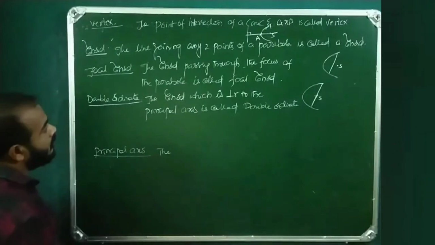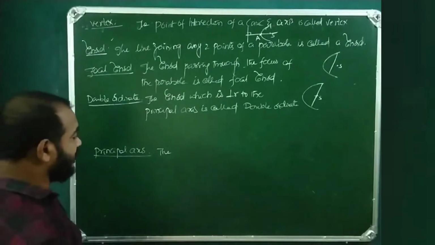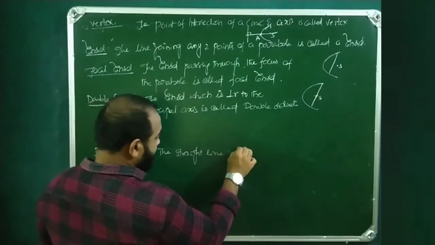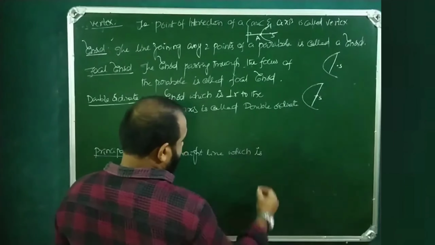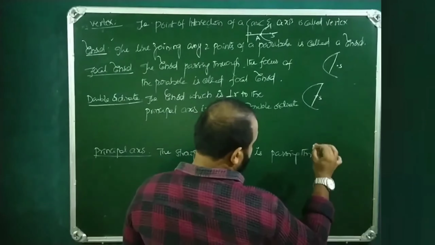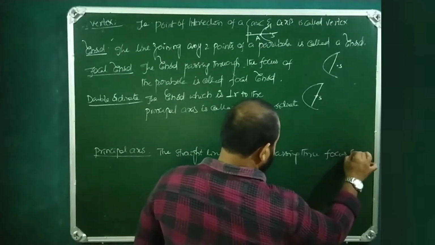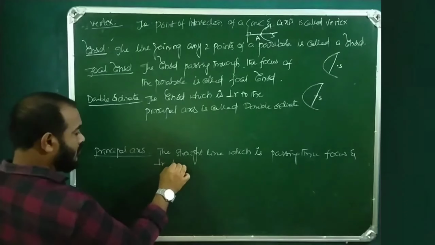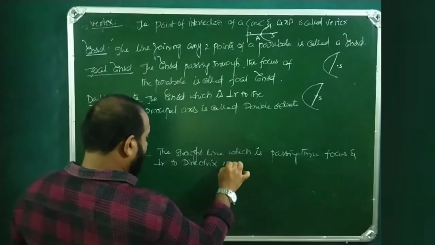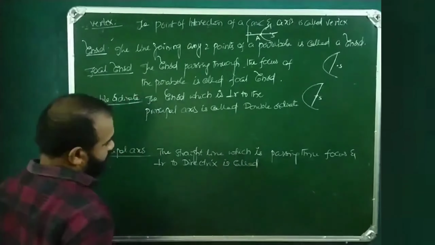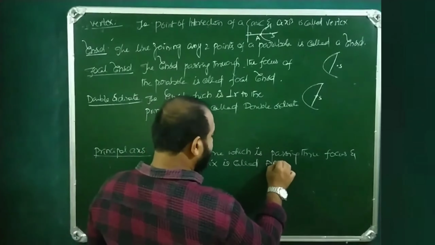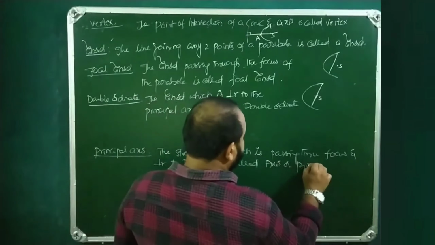The straight line which is passing through the fixed point, the focus, and perpendicular to the fixed line, the directrix, is called the principal axis.